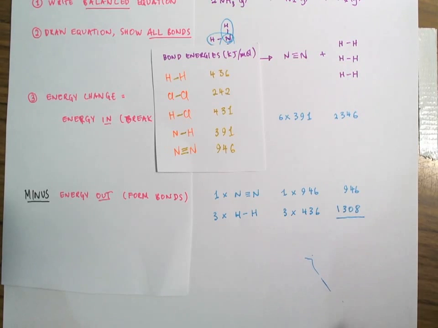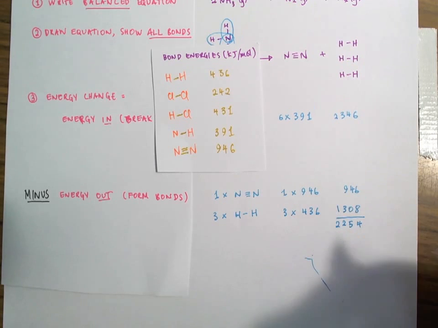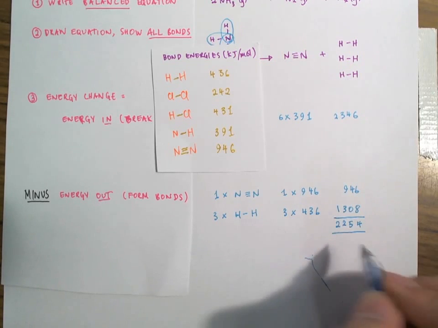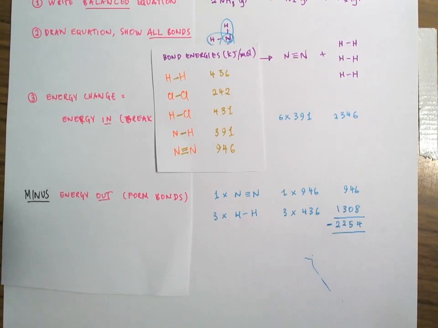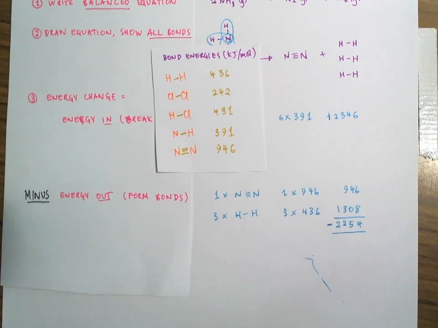So if I sum those together, I get 2,254 kilojoules, which is the energy released when I form the bonds. And because energy released is negative, I'm going to put a negative there, and this is a positive here.